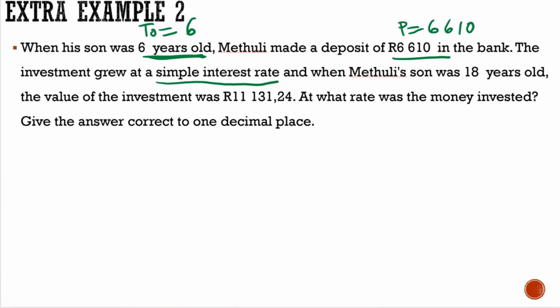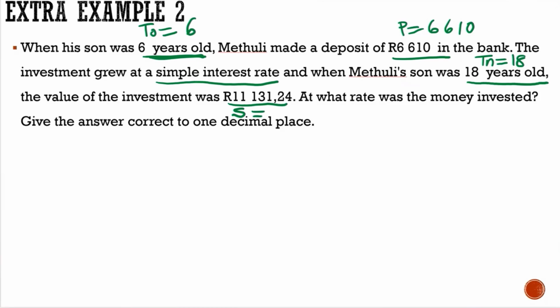Okay, when Metuli's son was 18 years old, so now this is TN. TN is 18. That means the final time of maturing of this investment. The value of the investment was, okay, this is the future value, an accumulated amount.